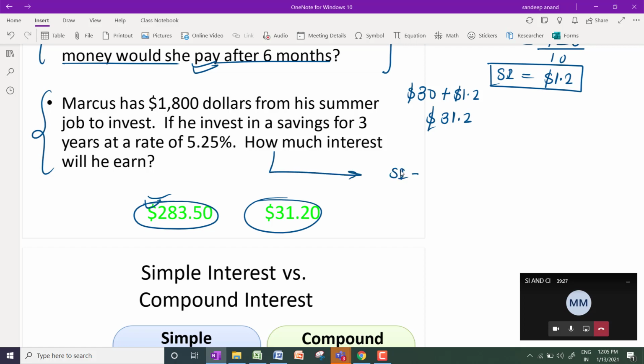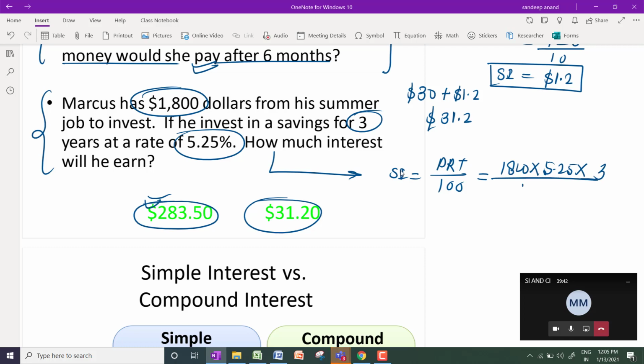I apply the simple interest formula directly, PRT by 100. Your principal amount is 1800, multiplied by R, which is 5.25, multiplied by 3 years, divided by 100, gone. 18 threes are 54, multiply by 5.25. Use a calculator: 54 multiplied by 5.25 and you will get 283.5.